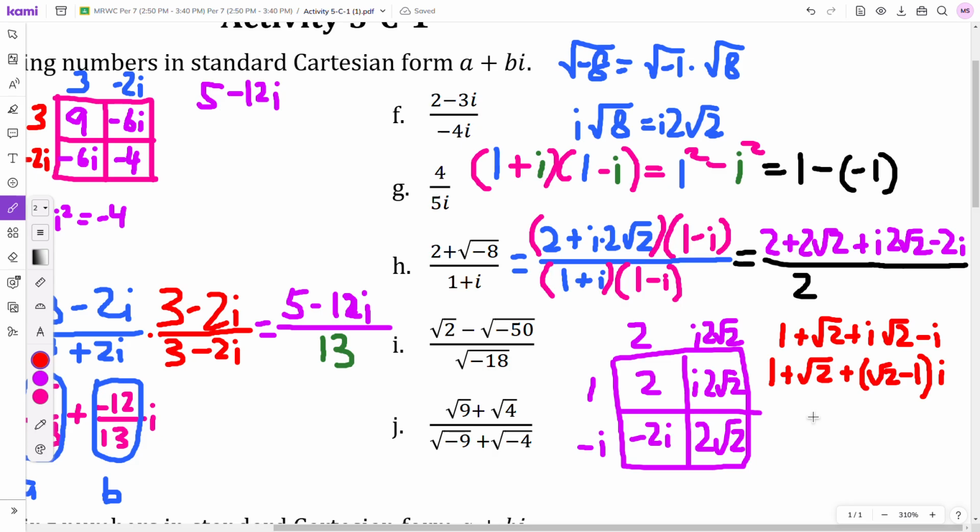That's cumbersome. No wonder you guys were not liking that one. Whew. Let me just double check, make sure I didn't make a mistake. Yep. Okay.